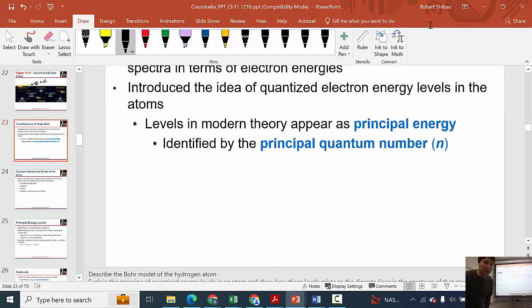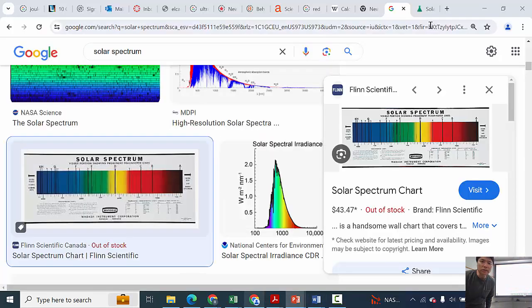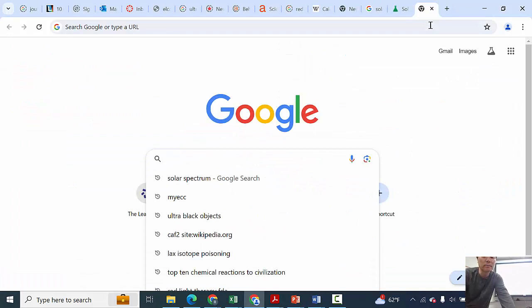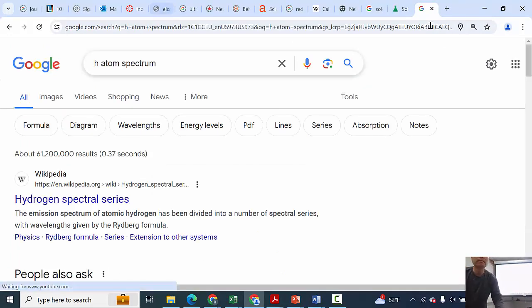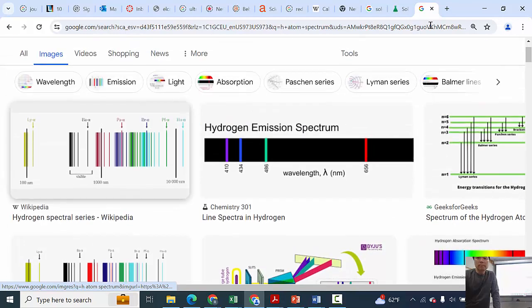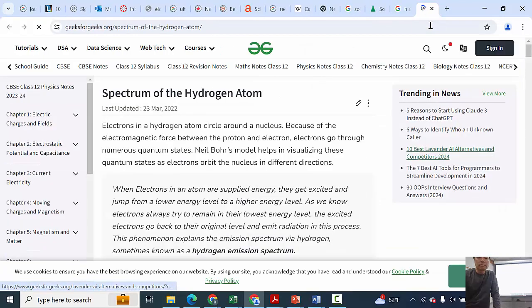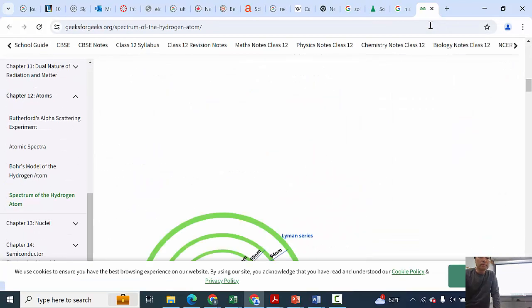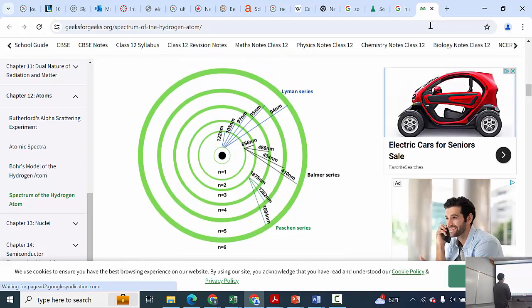It doesn't show it here, fortunately, but let me show you the H atom spectrum. So we can map out all the possible steps.